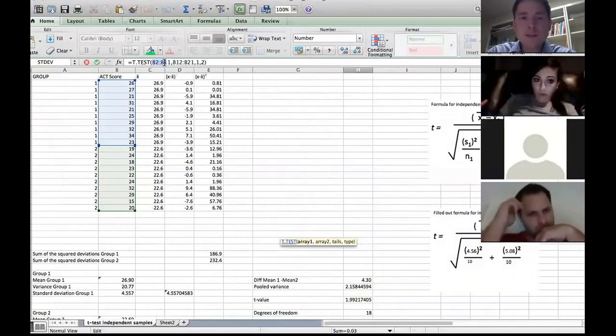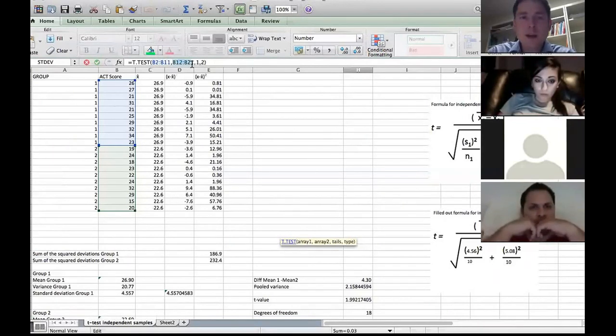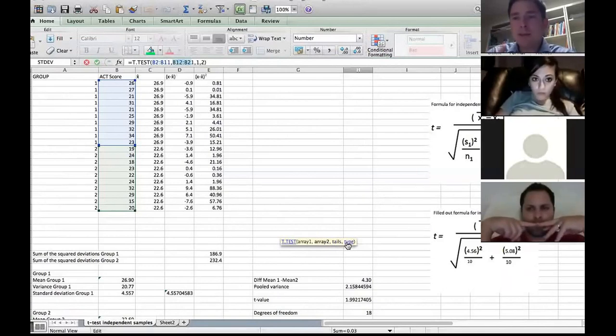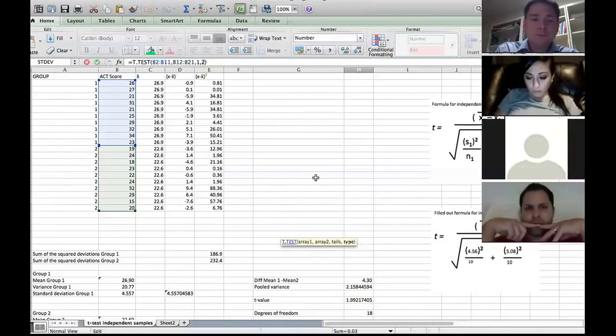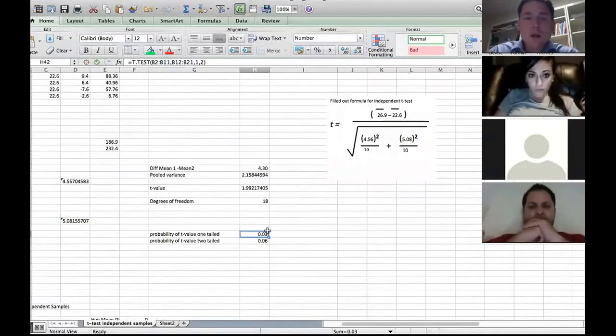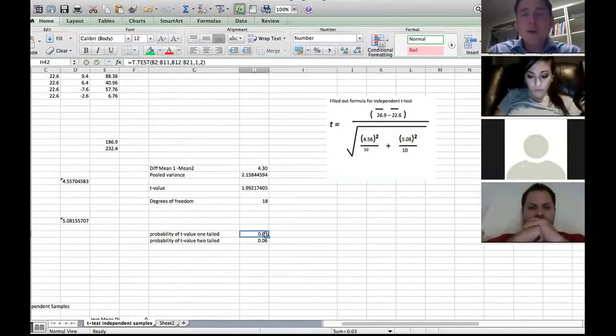This is what this here is saying. Blue area, green area, and then we would have said it's a one-tailed test, and then you could say whether it is a paired samples or independent samples test. In this case, you see type 2, and that means it's an independent test. So here we have the probability for independent tests.